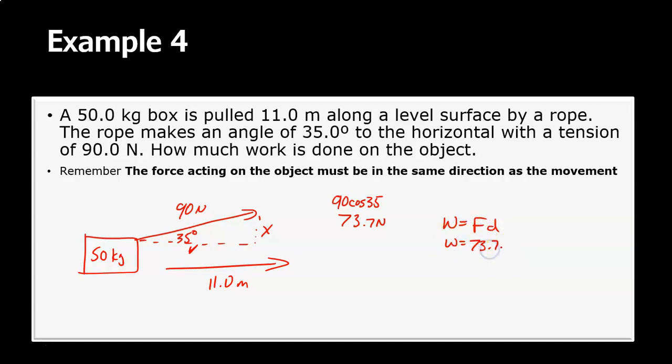That's 73.7 newtons multiplied by the 11 meters, which gets you a total of 811 joules of energy. Okay, and again, that's this idea of direction and force must be going in the same plane, in the same pathway, same direction.